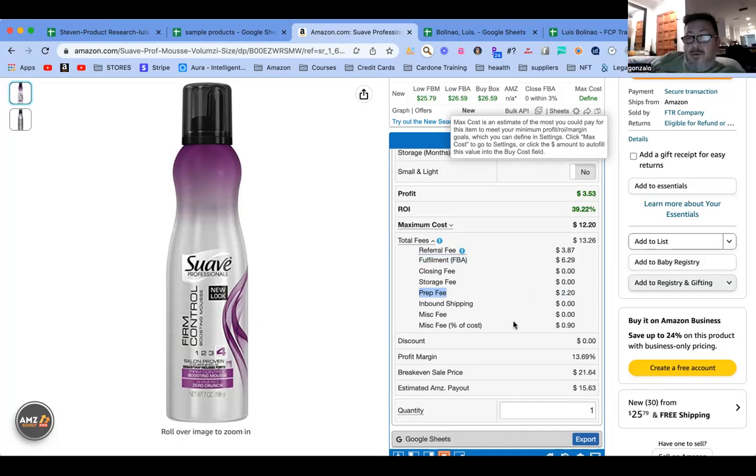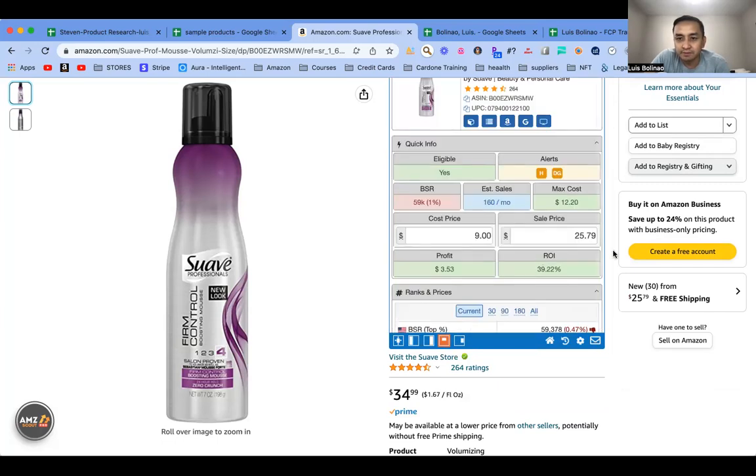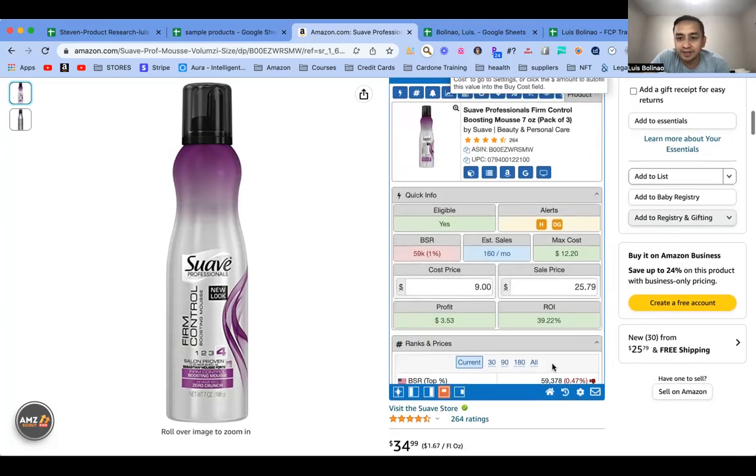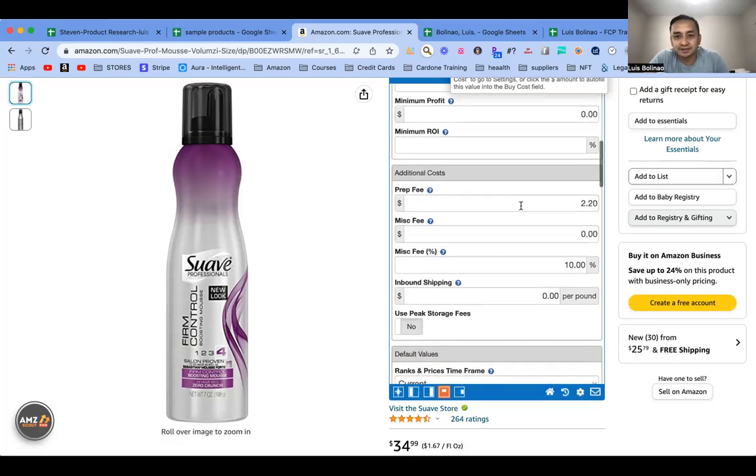Okay. And then here is your tax. Right there. And how do I input those numbers though? The prep fee and the taxes. So you go in your Seller Amp and then you go here on the settings. You set this up once. So you go to your additional cost.